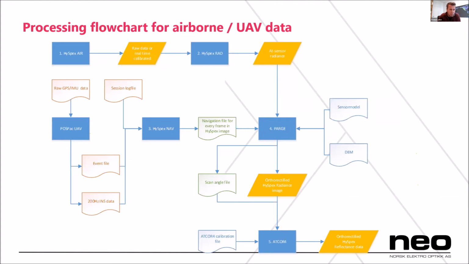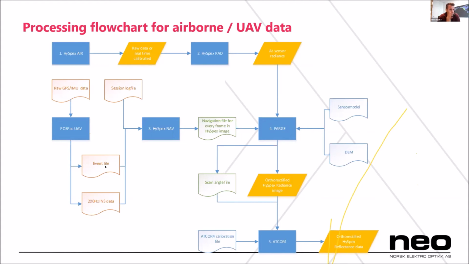This is for a planning system. A planning system uses a software called Pushback for post-processing the navigation data. So then you would take the raw files from the planning system after you have flown, import them into Pushback, process it, and what you're then getting out is an event file.